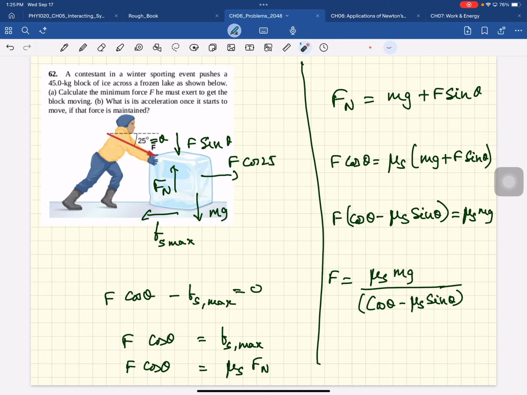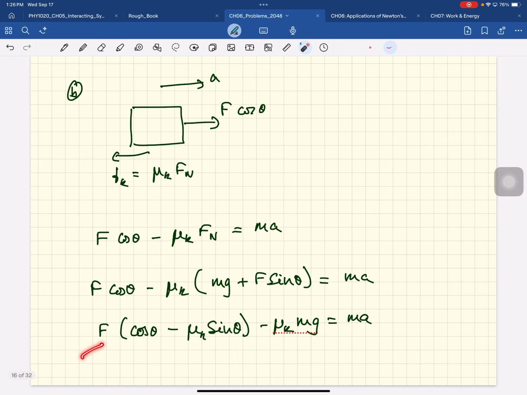You guys will have to look it up. So look up mu s, calculate that, then you would put that in here and calculate this.